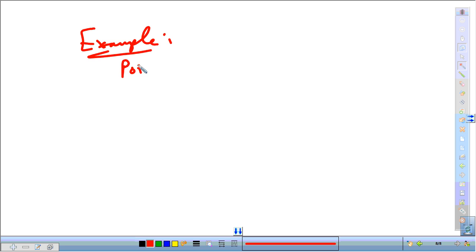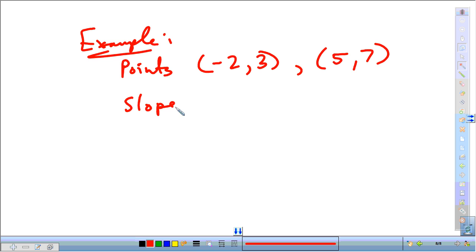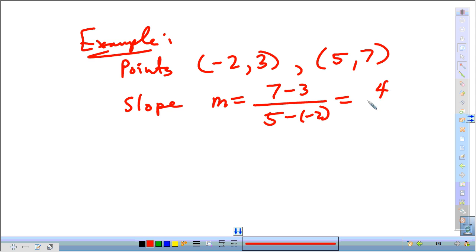So, for example, if we have points on a line of (-2, 3) and the other point was (5, 7), then the slope of a line that passed through those two points would be 7 minus 3, so the change in y, the second coordinate, over 5 minus negative 2 if we look at the x coordinates. And so we get a slope of 4/3.